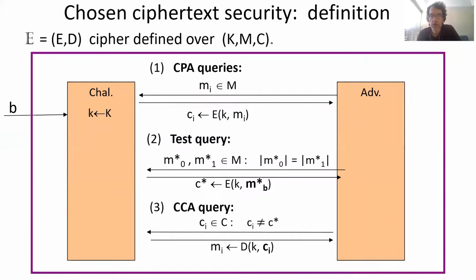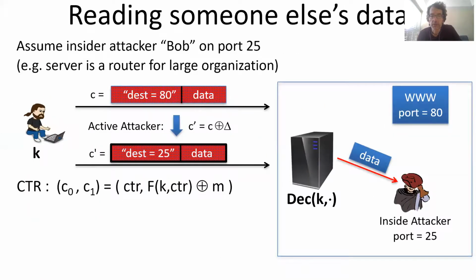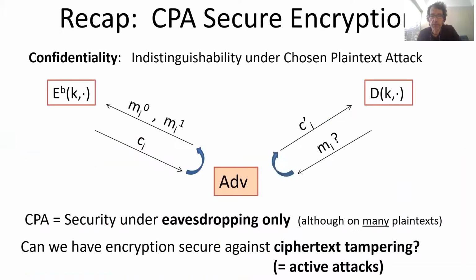So far we talked as if the only thing that happens is that there are two communicating parties who have a key, and all they want is to protect the privacy of this traffic.